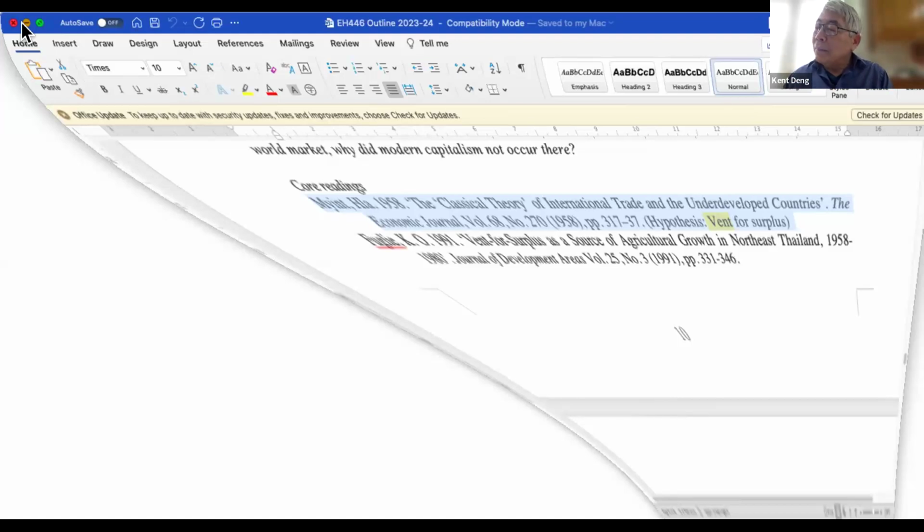Okay, second point. I have been thinking of this problem: why did the Indian economy decide to move towards services? The Indians are very clever people.